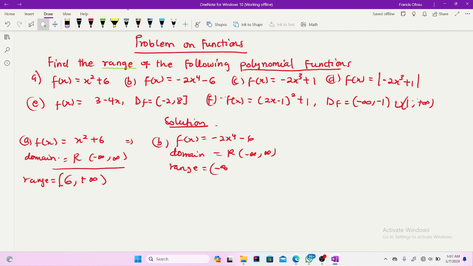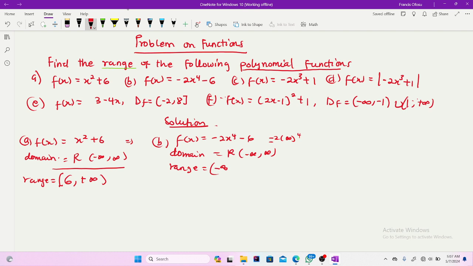Also, when I put positive infinity here, I get negative 2 multiplying positive infinity all to the power 4. Here too, the positive infinity will be made negative by this negative sign. So there is no way we can get positive infinity.